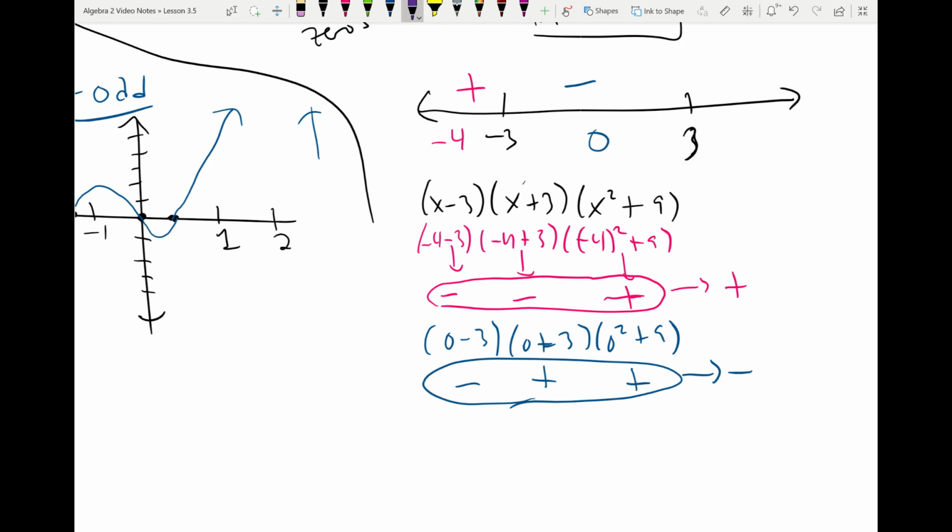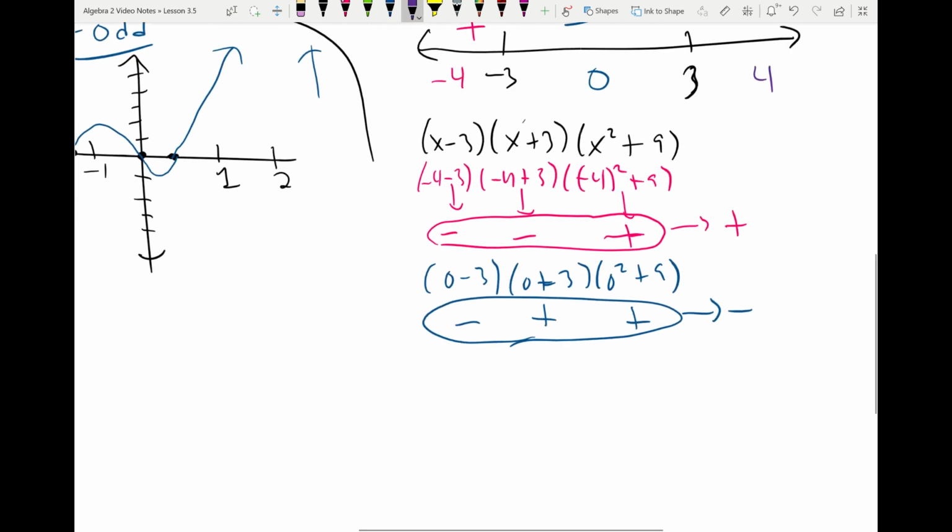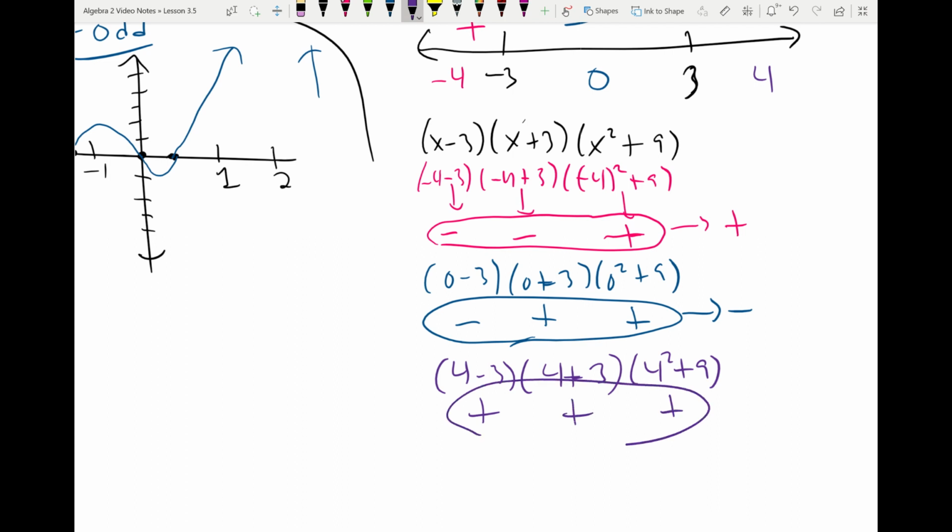And then lastly, if I plug in 4, I get 4 minus 3, 4 plus 3, and 4 squared plus 9. So we have a positive here, a positive here, and a positive here. 3 positives make a positive.